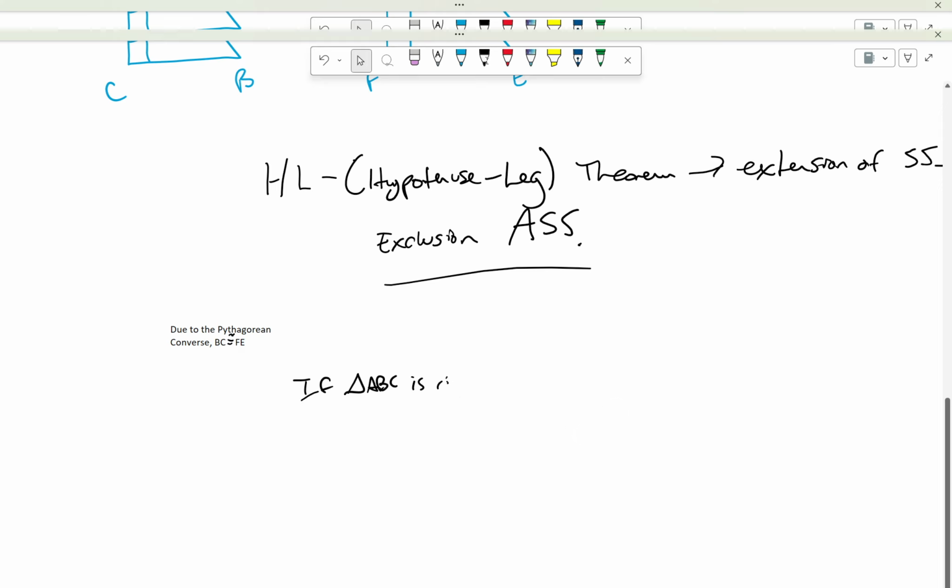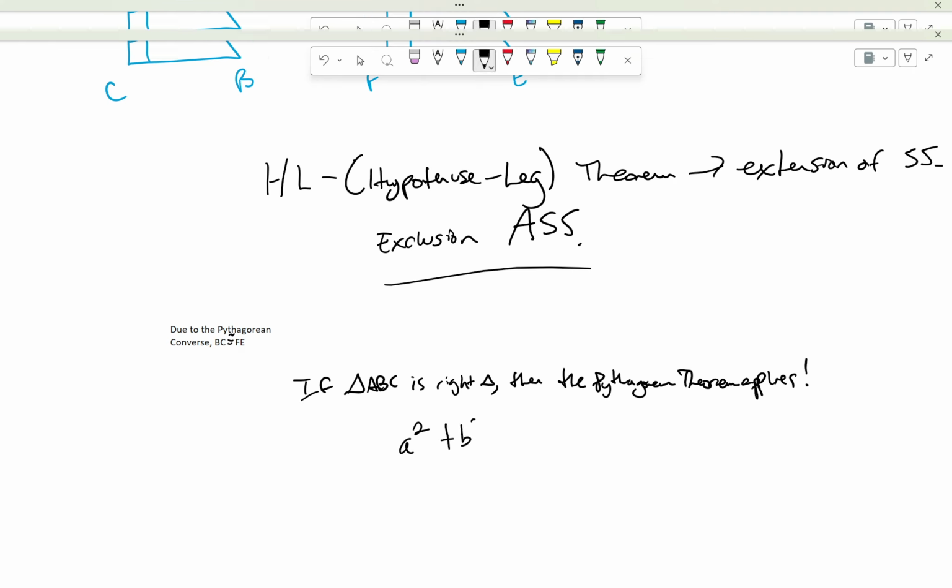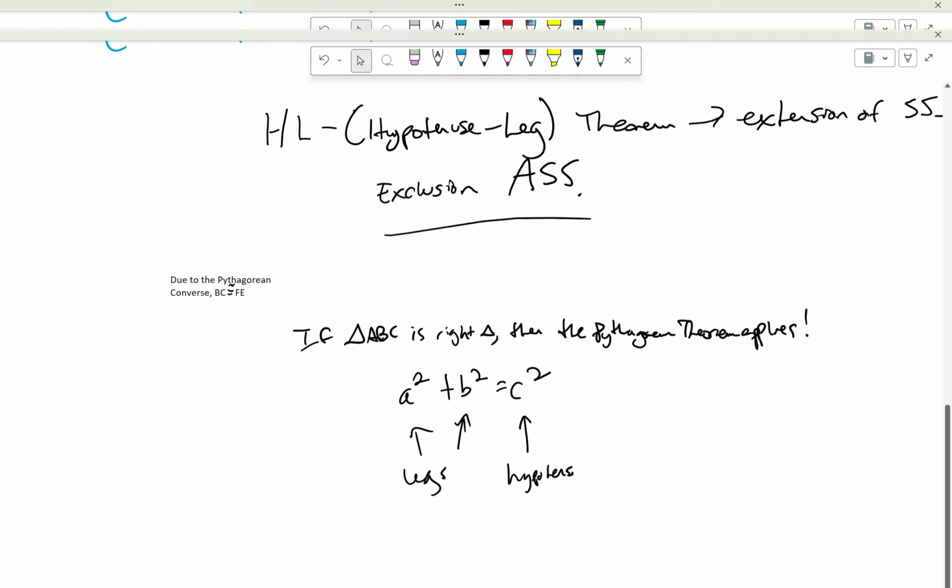So if ABC is a right triangle, it's the Pythagorean theorem showing that a squared plus b squared is equal to c squared. Here, a and b are my legs, and c is my hypotenuse. And remember where c is, the hypotenuse.